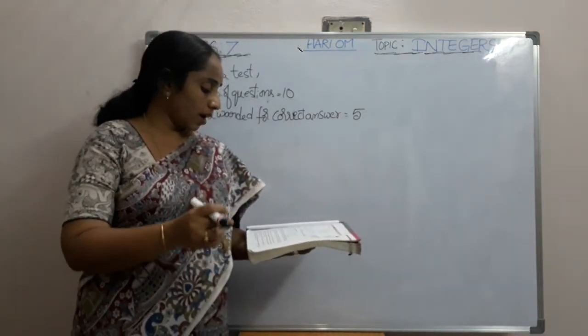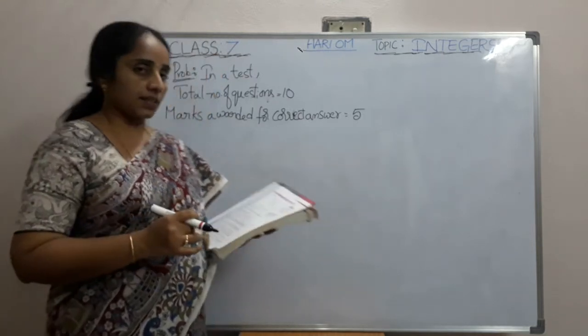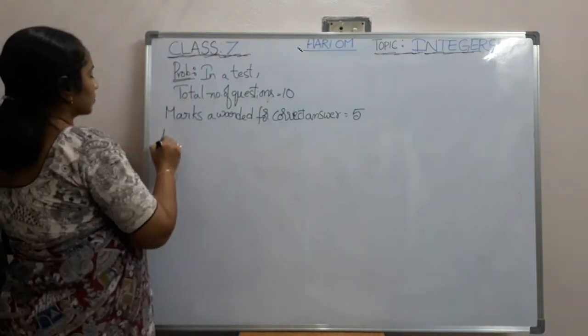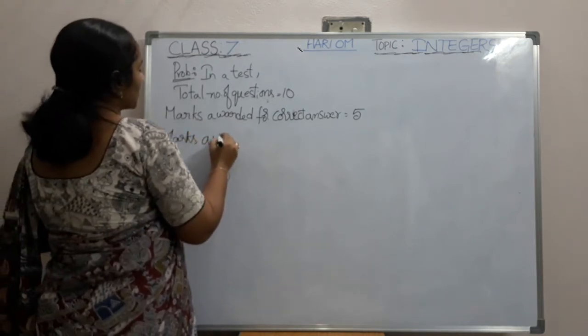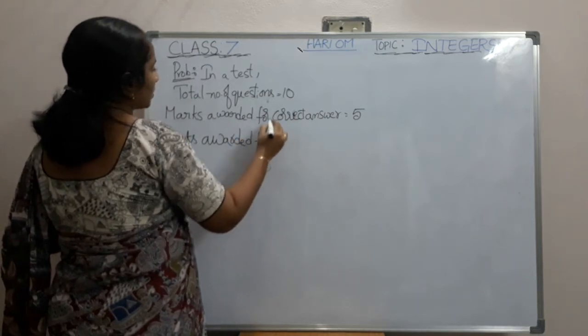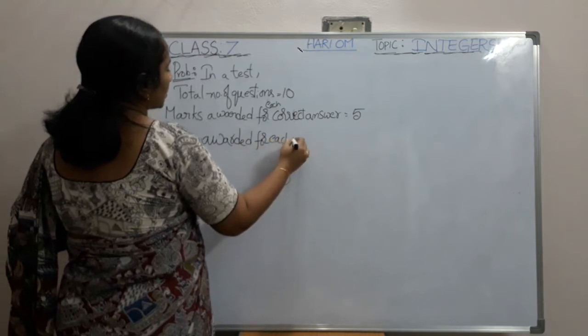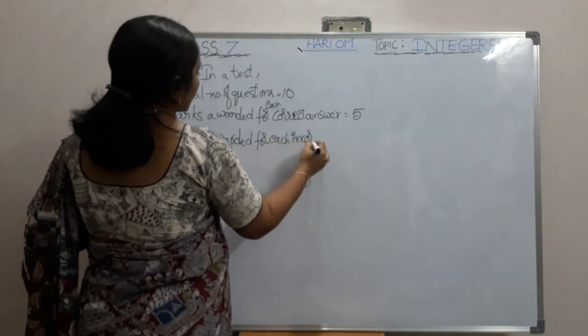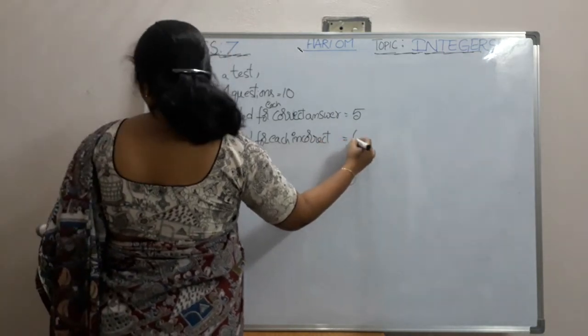Minus 2 marks are awarded for every incorrect answer. Marks awarded for each incorrect answer is minus 2.